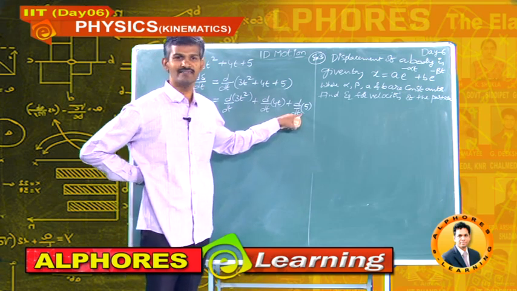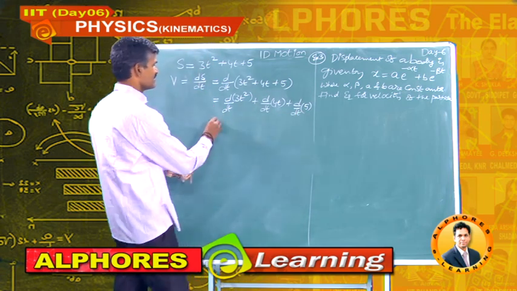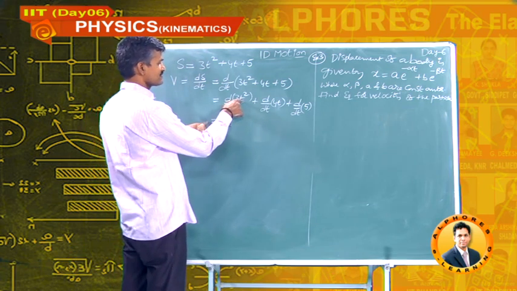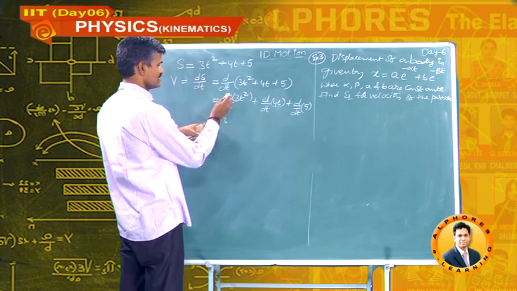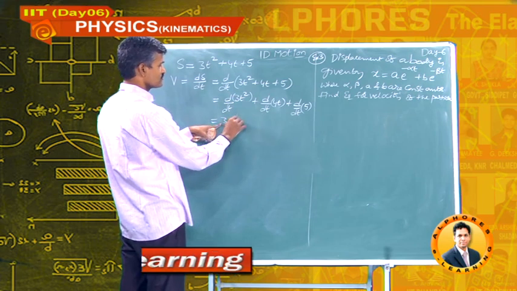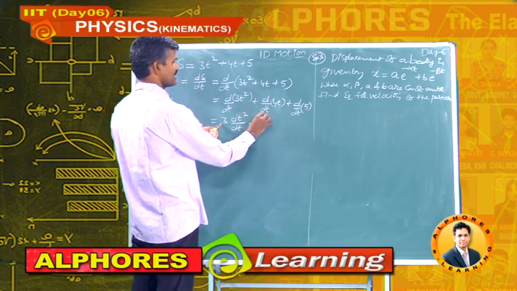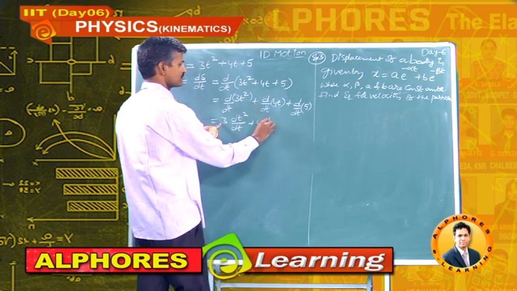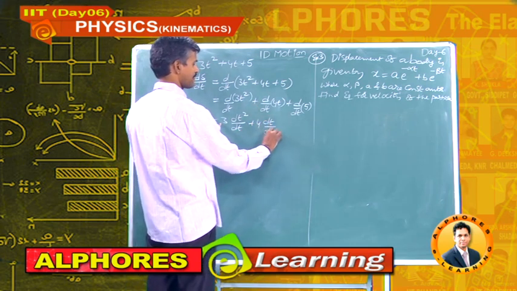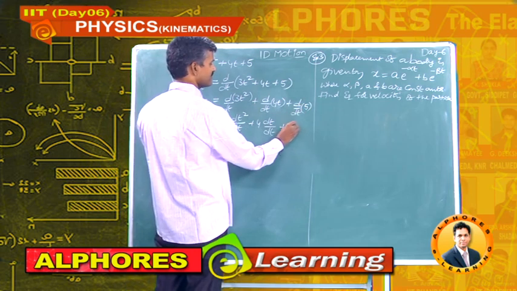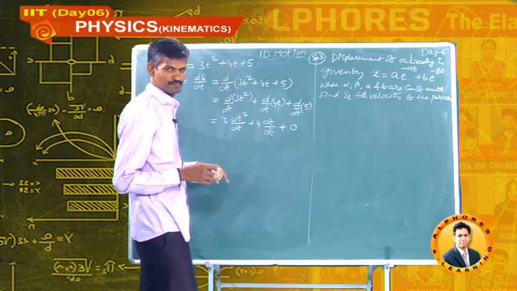Here 3 is a multiple of t square, so it is taken out. This is 3 into d t square by dt plus 4 into dt by dt plus the derivative of 5, that is 0.